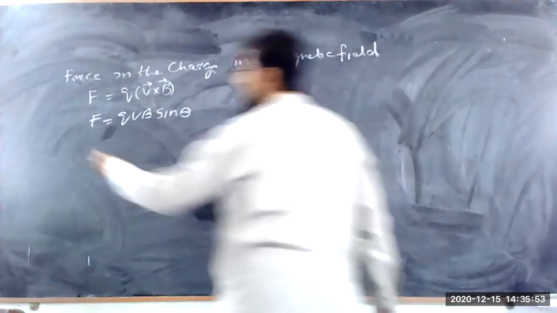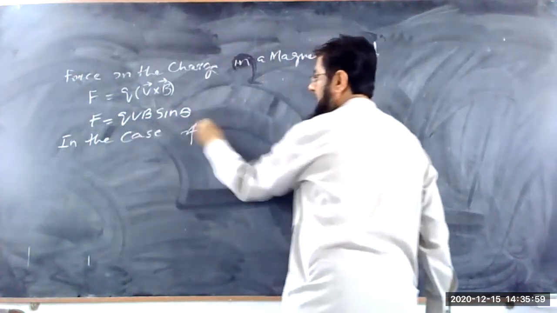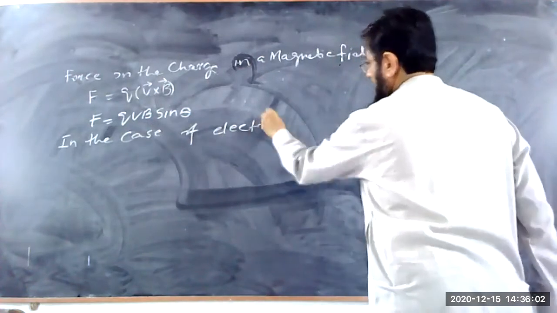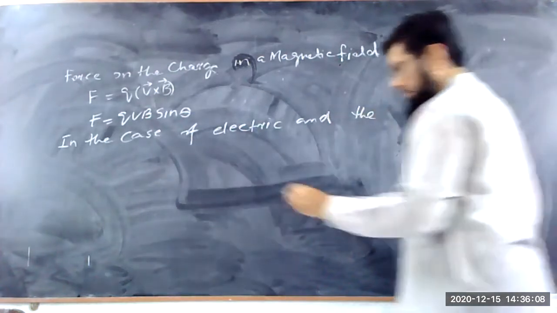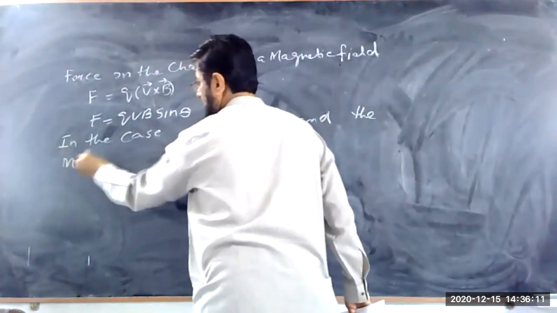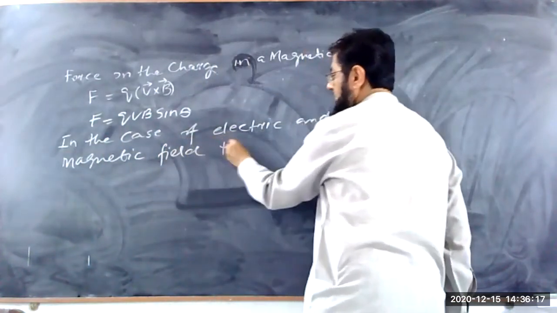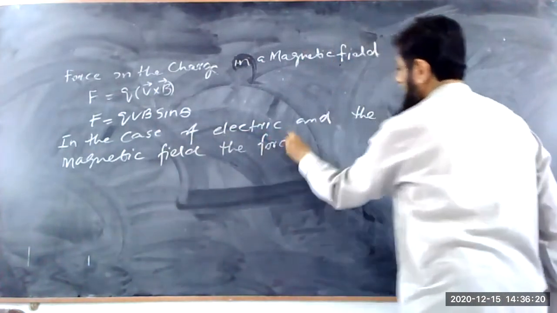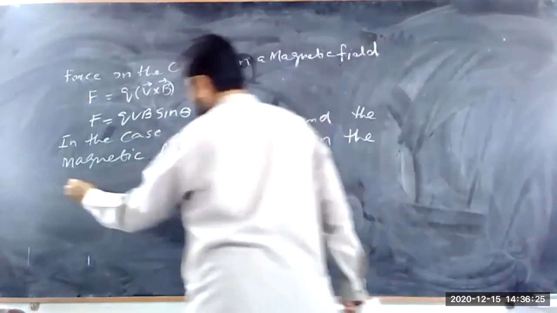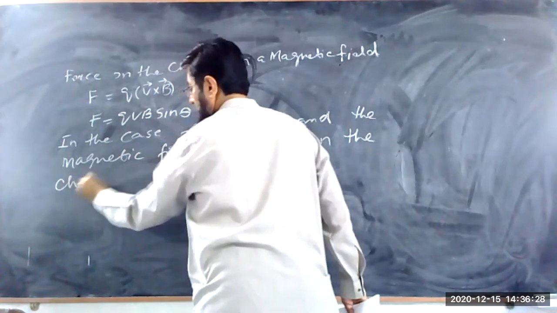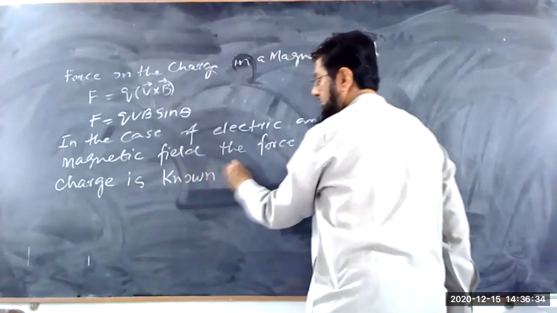So in the case of electric and magnetic field, the force on the charge is known as the Lorentz force.